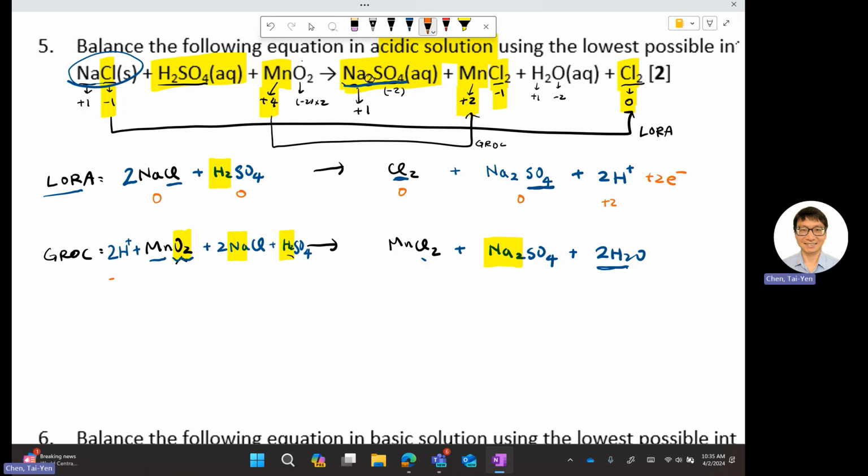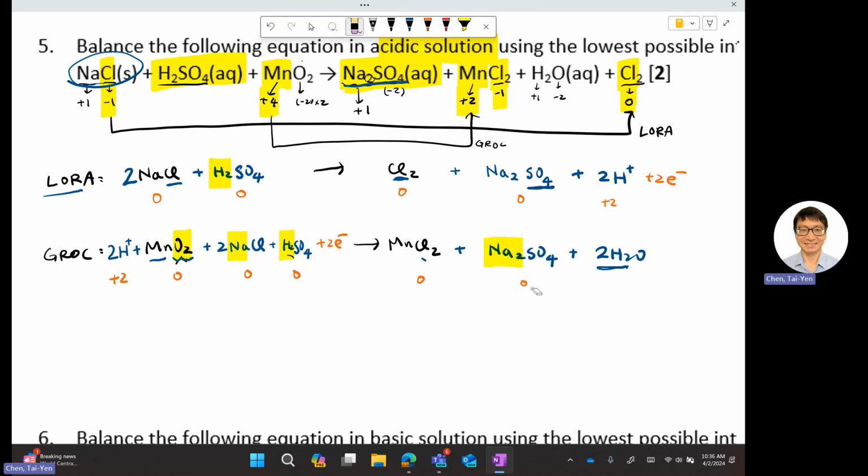Similarly, here you have 2 plus, and the rest are neutral. Therefore, you can see you need to add in 2 electrons on your product side so that the charges on both sides will be balanced.